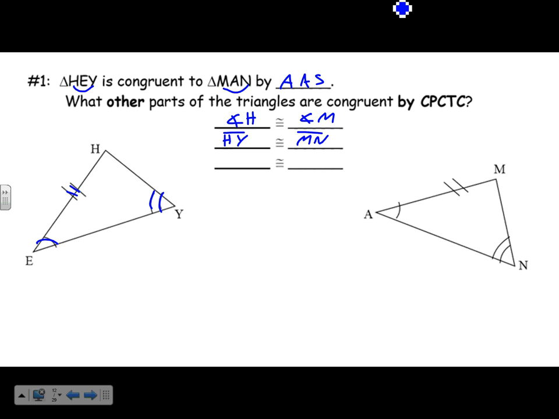And EY is congruent to NA. It doesn't matter what order you put the segment letters in, or angles, really, once you get to angles where you need three letters. But the triangles, you do need to be careful.